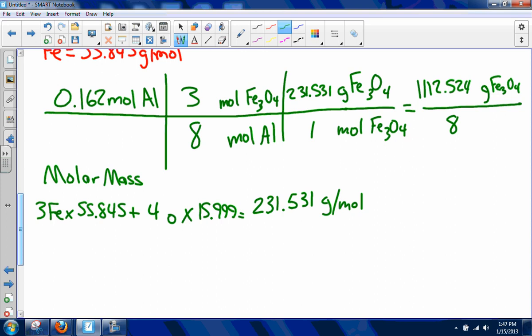Divide that by 8. So 14.066. We started with 3 significant figures. It's 14.1 grams of Fe3O4.